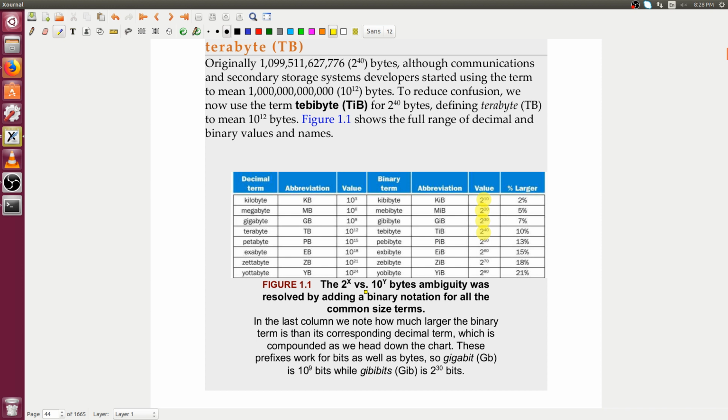People try to use these interchangeably, but most of the time when we're doing sizing, we're using the base 2 number.